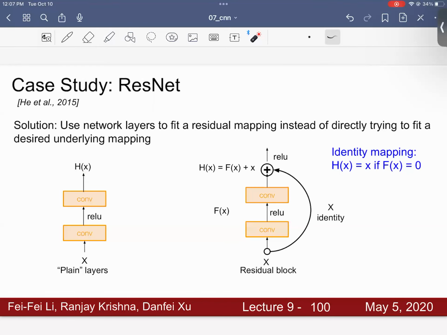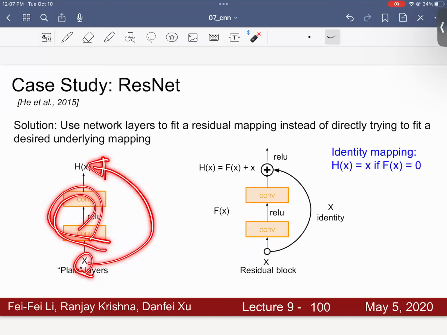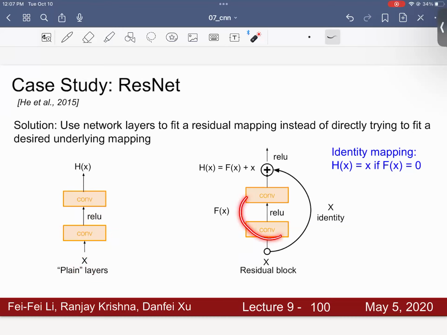So this function should take this, massage it, so that you could have a desired output. But now this function doesn't have to massage x to the desired output from scratch. It just needs to learn the difference, because there is this foundation which you can use anyway. In the end, you just need to learn the difference. So it's like a paradigm shift.